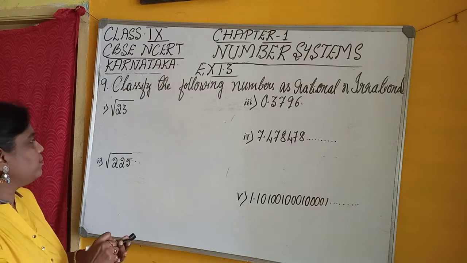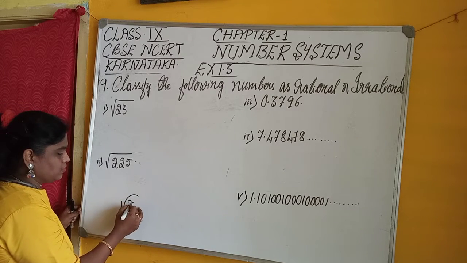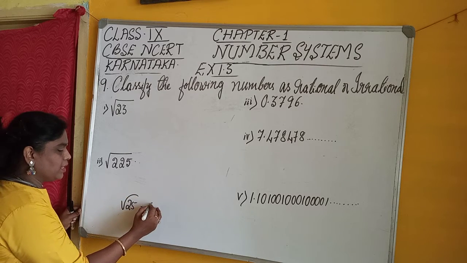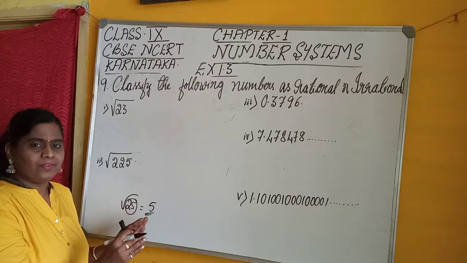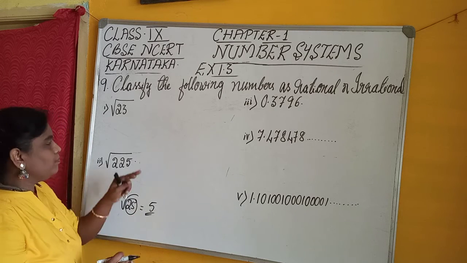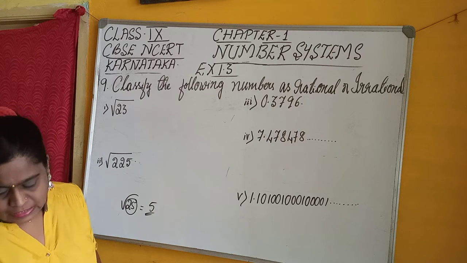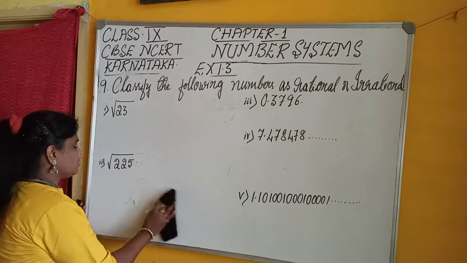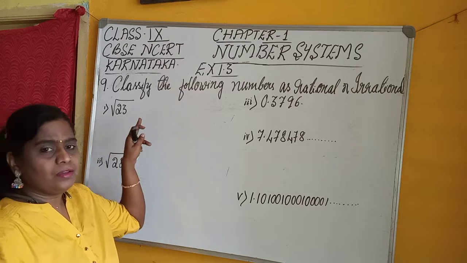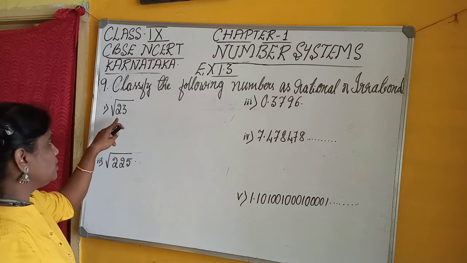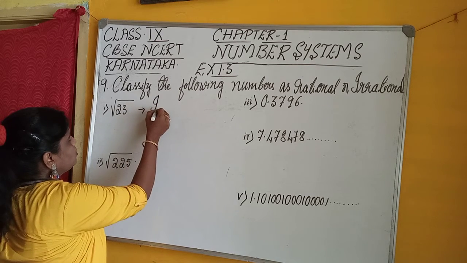Perfect square means if you find the square root of a number like 25, you will get the exact square root. But 23 is not a perfect square. It is an imperfect square. Therefore, it is an irrational number.